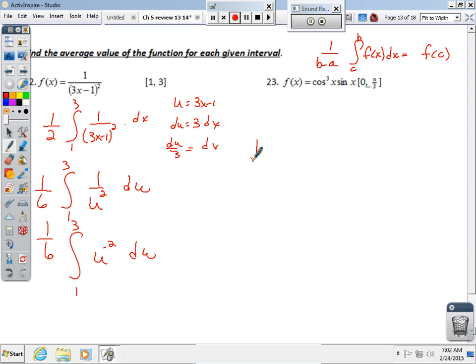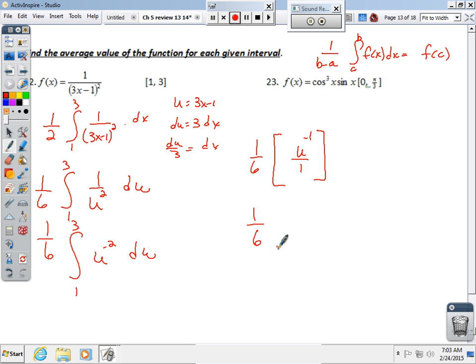So 1/6 times the quantity. So that is going to be, add 1 to that, so it's going to be u to the negative first over negative 1, and we'll evaluate that from 3 to 1 in a second here.